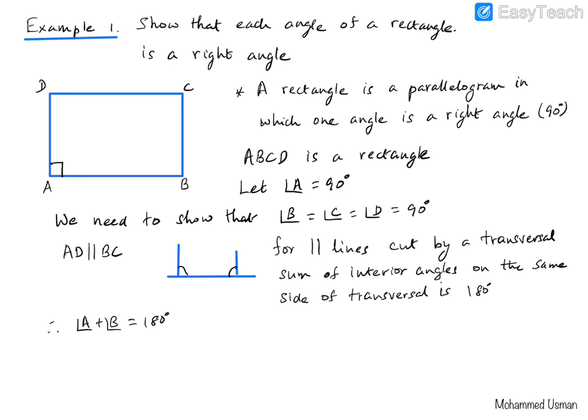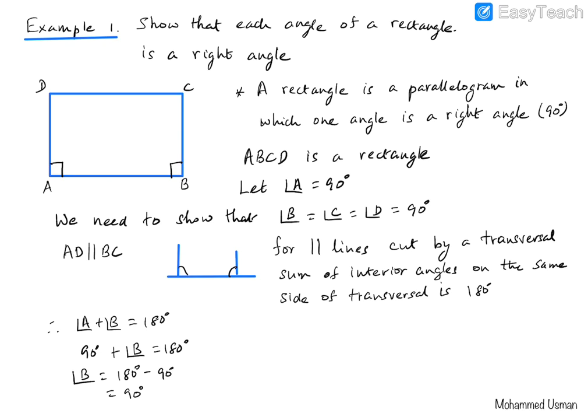So angle A, 90 degrees, plus angle B equals 180 degrees. Therefore angle B will be equal to 180 degrees minus 90 degrees, which is equal to 90 degrees. So we have got that angle B is also 90 degrees.